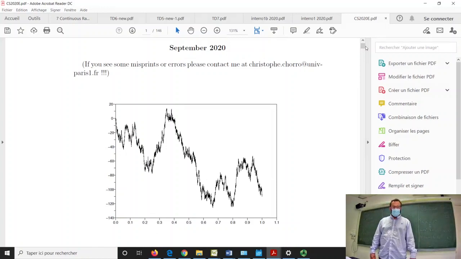If I remember, I have done this with 1,000 points, and I obtained this kind of trajectory for the Brownian motion, starting from 0, that is continuous. So I just want to explain to you how to obtain such a plot from the definition.